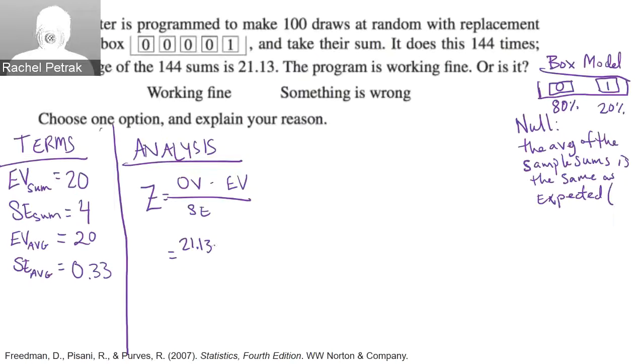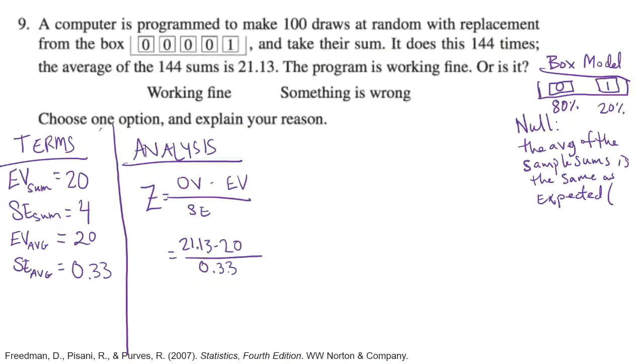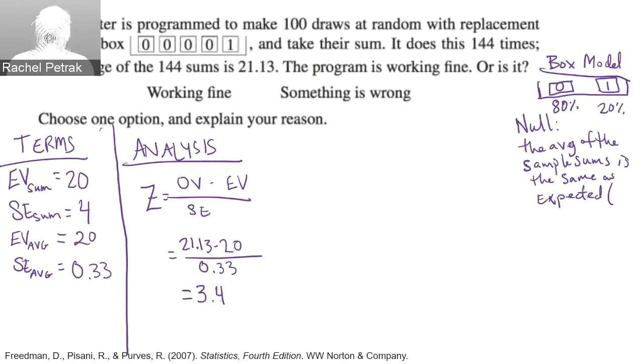So we have 0.13 minus 20 over 0.33, our standard error, which gives us a Z equal to 3.4. That tells us it's 3.4 standard errors away from the expected value.